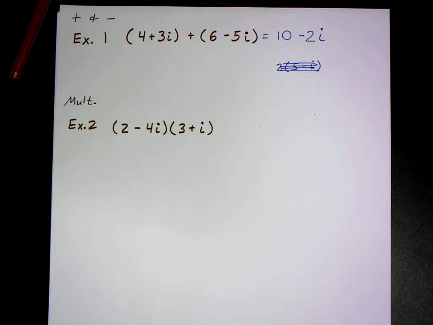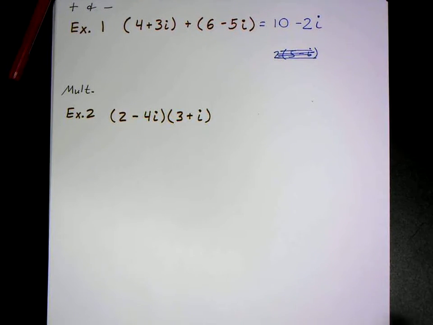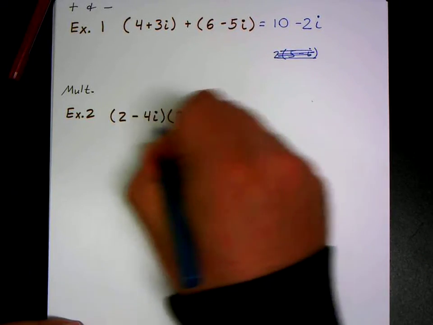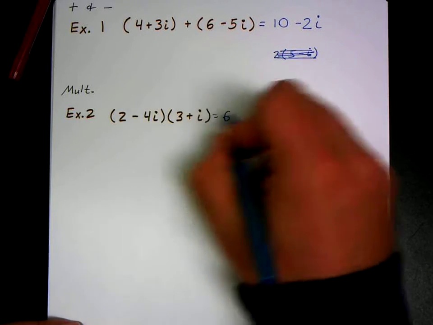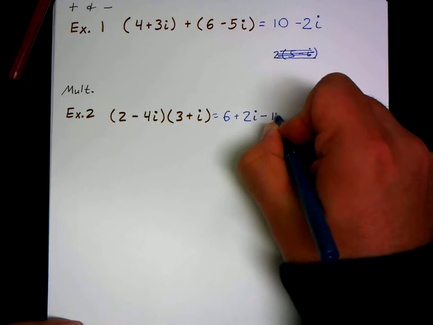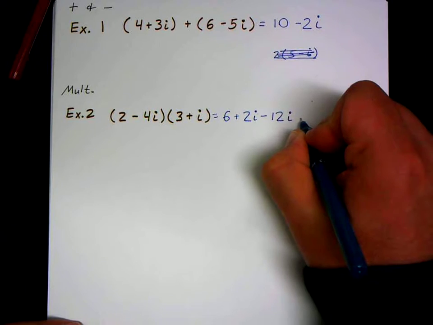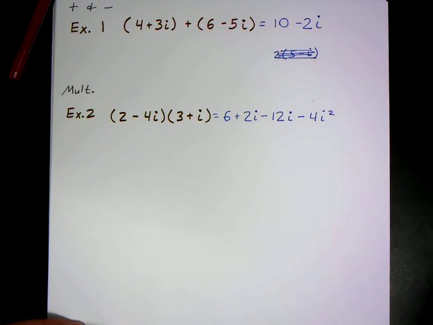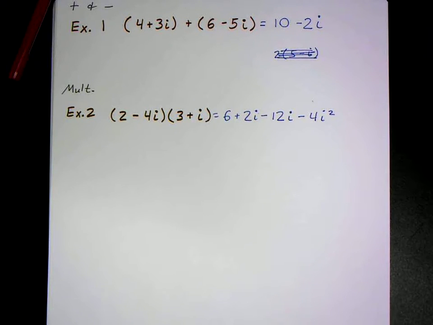Again, all this is, you just treat it like a variable. So all I have to do is distribute. So let's see, I would have 6 plus 2i minus 12i minus 4i squared. Now, the only change comes with, what is i squared?